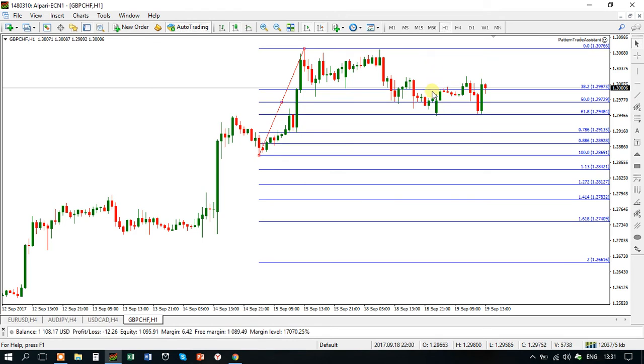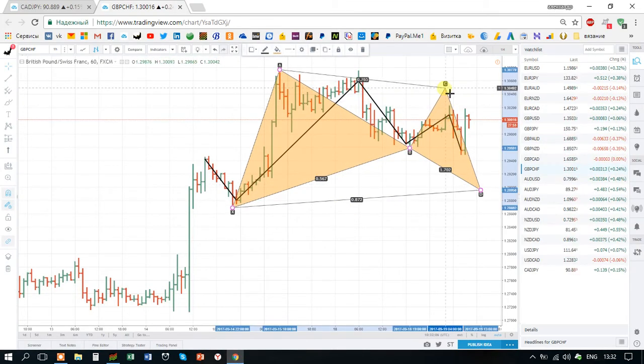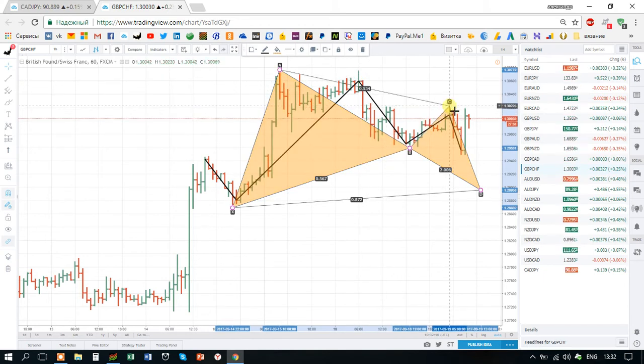Double check anything. You see that it touches 618. So this is the problem, that the software thinks that this is a potential Gartley pattern. That's why the retracement is higher, the C point. For a Gartley pattern, this C point should be 61.8, at least 61.8. But here with TradingView, we have it lower.